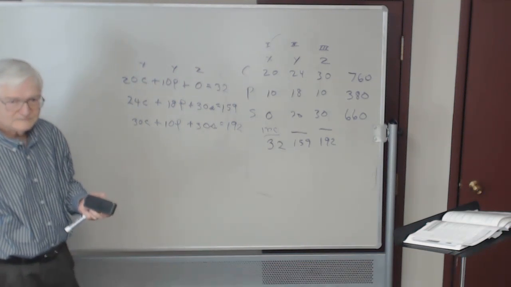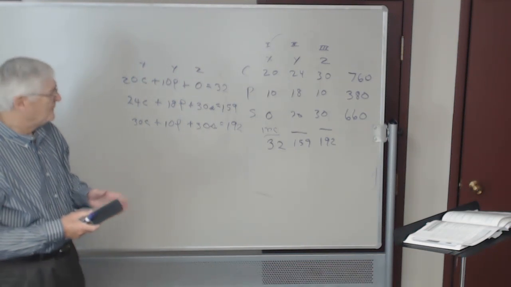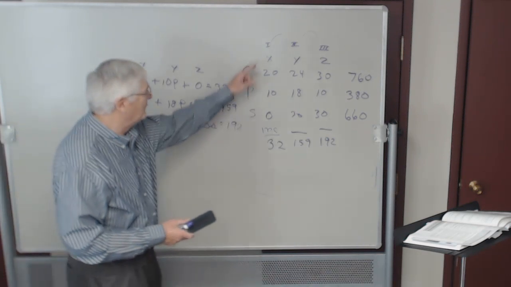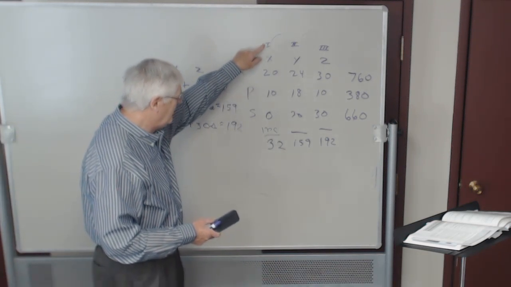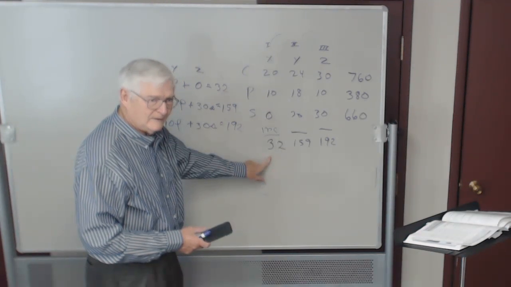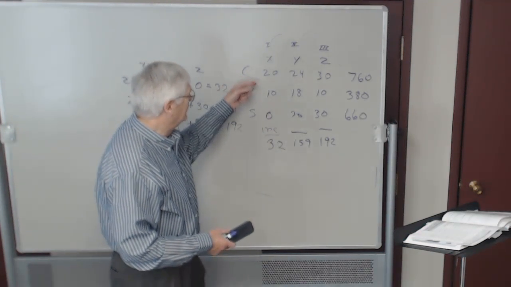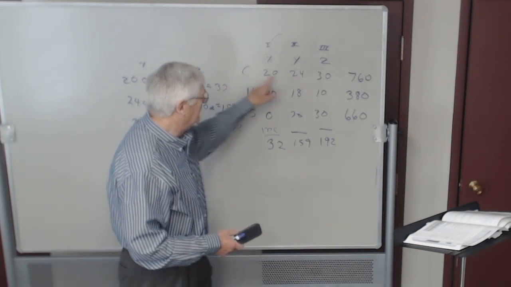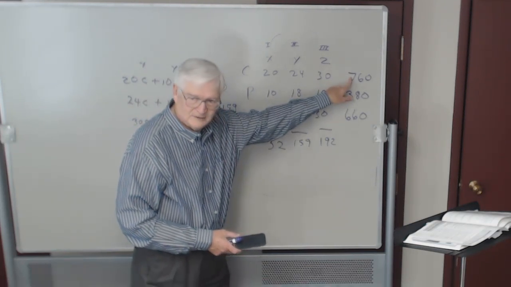Why would you do it up and down? Why can't you do it across? Because they said for this machine, this is the total income, whereas here, they said for candy, this is the total sales.